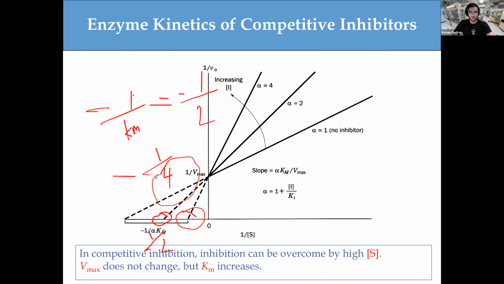But since it's on the x-axis line, a higher Km, instead of going to the left, will go further to the right. So it'll be here. As you can see, they give 4 units of the inhibitor here. And where there's no inhibitor, this one is the furthest to the left. But the more inhibitor you give, it will shift closer to 0. Does that make sense?